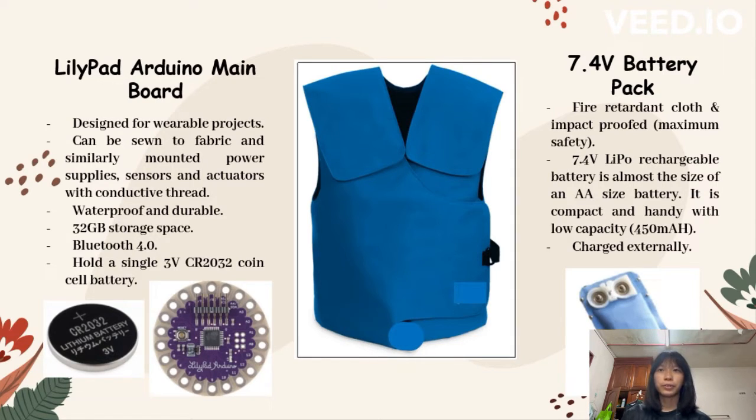Besides, the rechargeable battery is covered by fire retardant cloth and impact proof to maximize safety. When it comes to charging, the rechargeable battery is almost the size of an AA size battery, compact and handy with low capacity. It can be removed and charged externally.